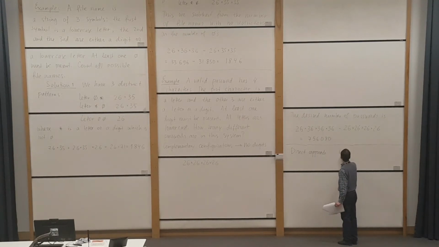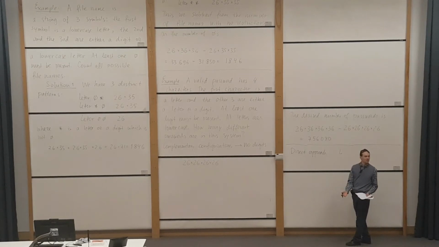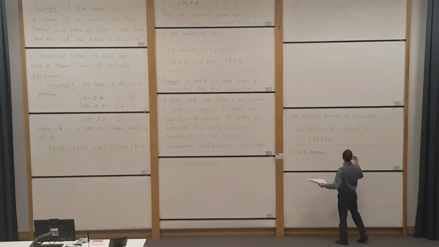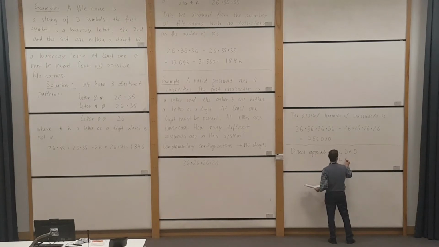It would look like a letter, and then I can have exactly 1 digit, or exactly 2 digits, or exactly 3 digits in the remaining 3 positions. So exactly 1 digit can appear in any of the 3 different positions.